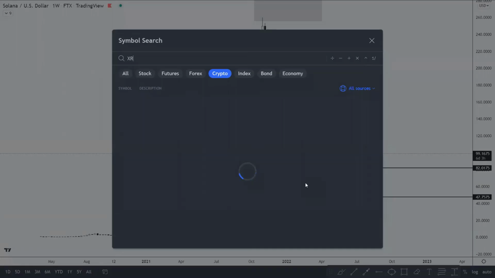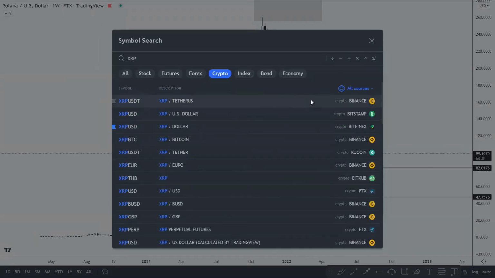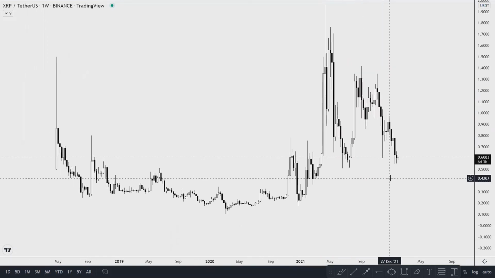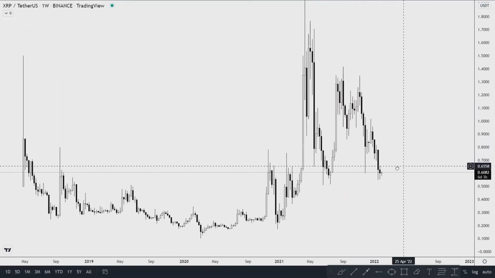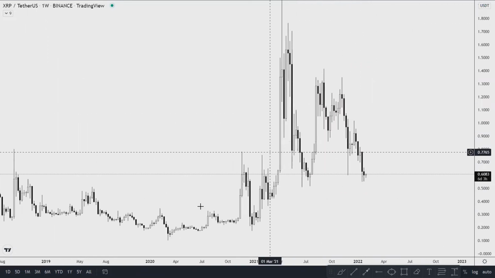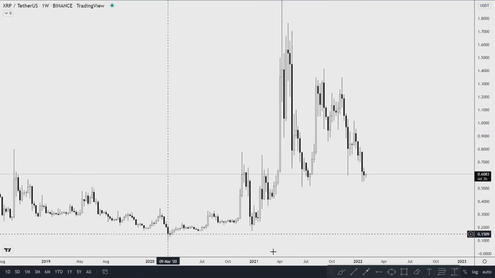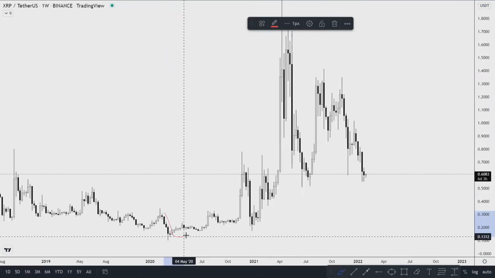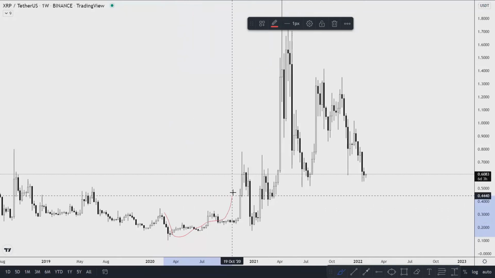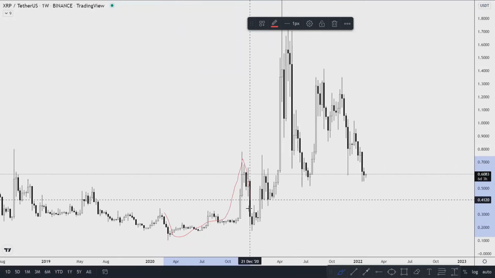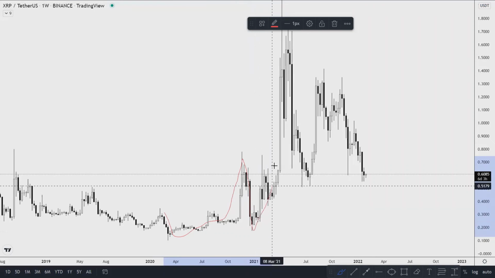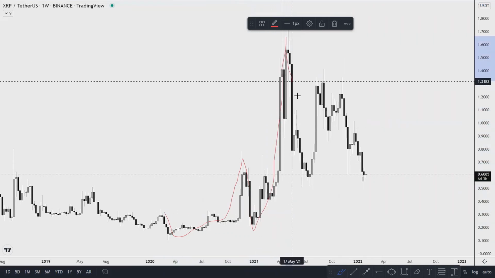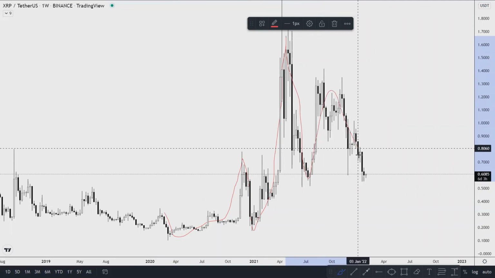Next coin will be XLP. This coin right here is very interesting. Looking at it from before all this price action, we can see price trades down, then starts trading up, price retraces, and then we blast off, and now it's coming back down.